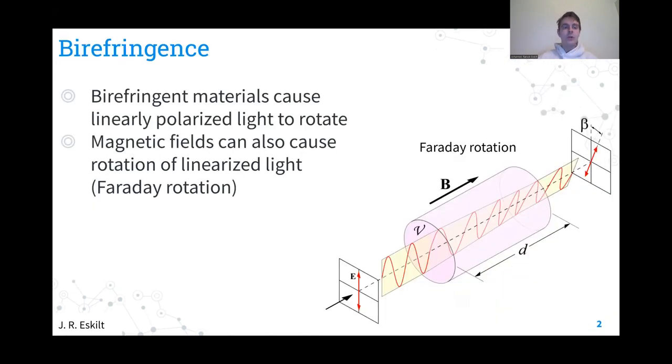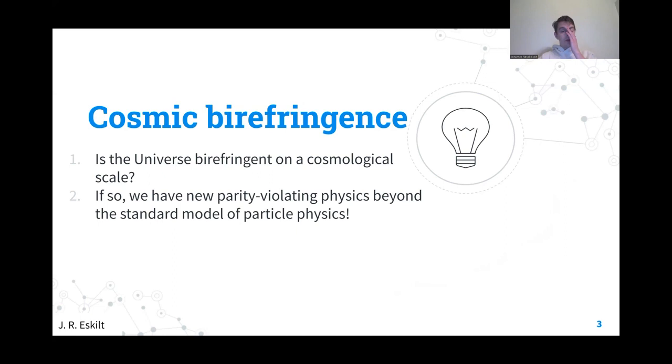So first of all, a birefringent material is a material that causes the plane of linear polarization to rotate as it propagates through the material. And you can also get a similar effect by sending linearly polarized light through magnetic fields. And this is called Faraday rotation. And so the question that me and my collaborators have been asking ourselves is, is the universe birefringent on a cosmological scale?